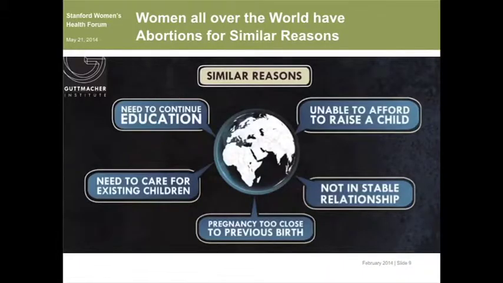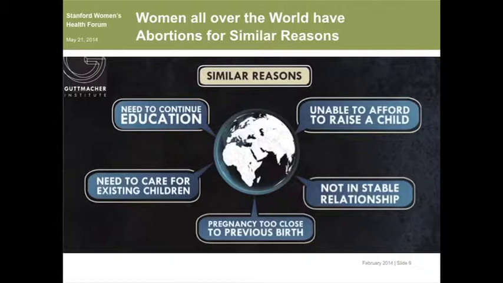But despite the fact that there are differences in abortion rates in different parts of the world, women all over the world have abortions for much the same reason. Abortion is a common event. I'm sure that most everyone in this room has heard the statistic that in the United States, 1 out of every 3 women will have had an abortion by the end of her reproductive life.